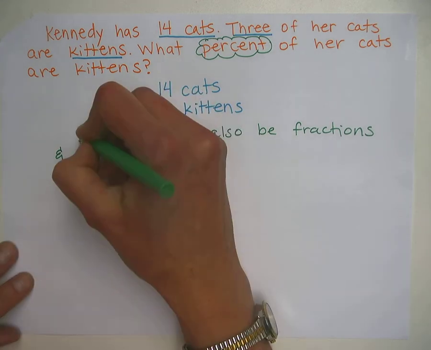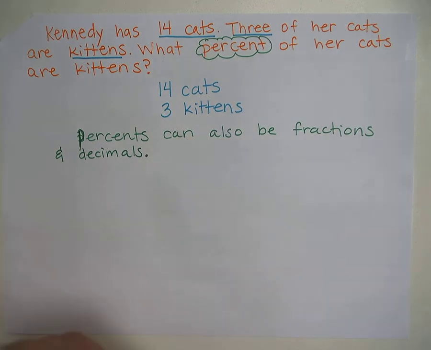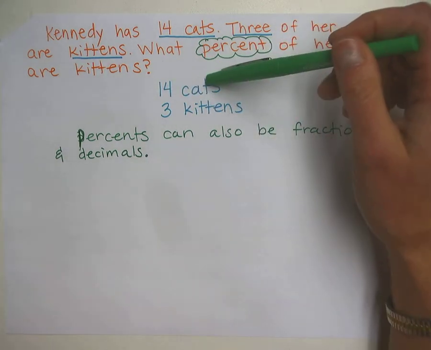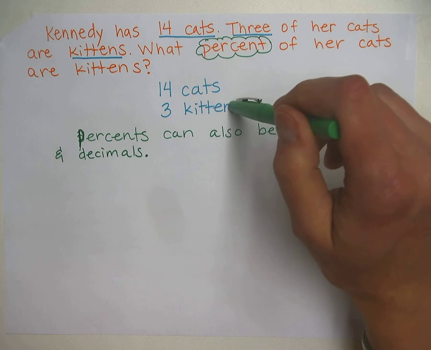I guess I should make that a capital letter, huh? Don't want to upset your English teacher. Put a period. Percents can also be fractions and decimals. Well, with this information that we have, I know that I can turn this into a fraction pretty easily.